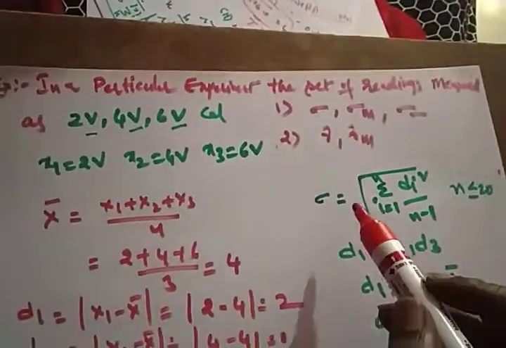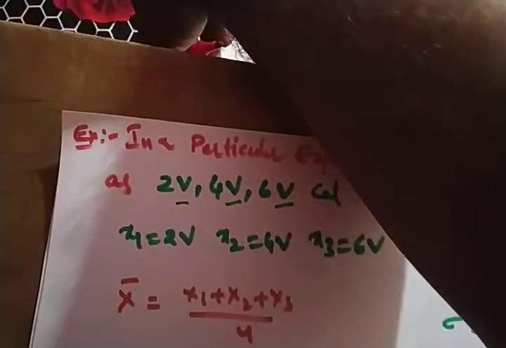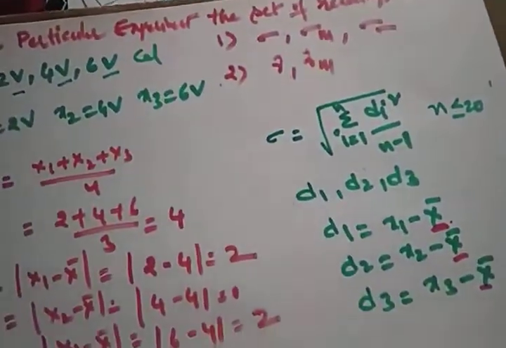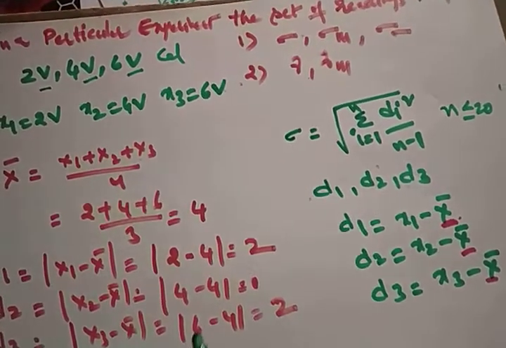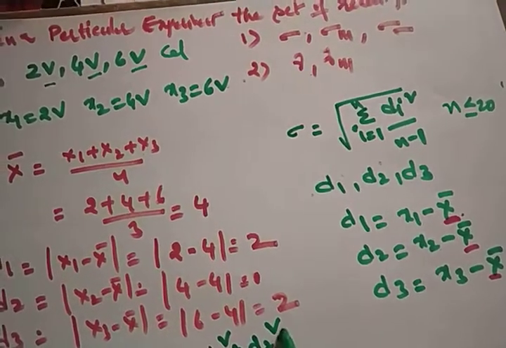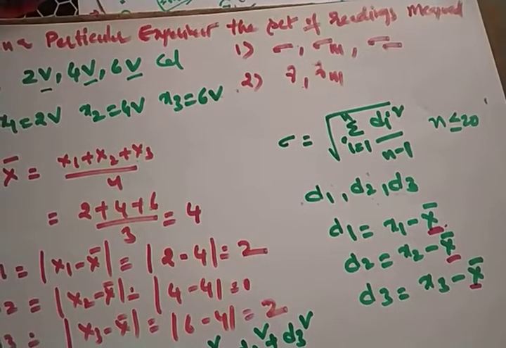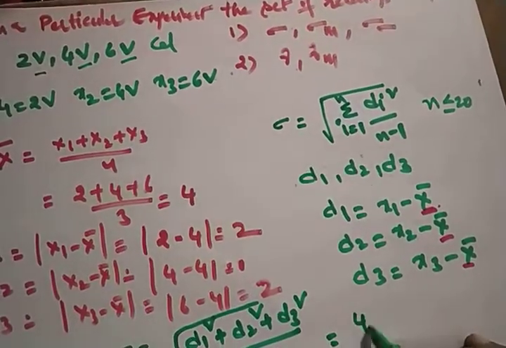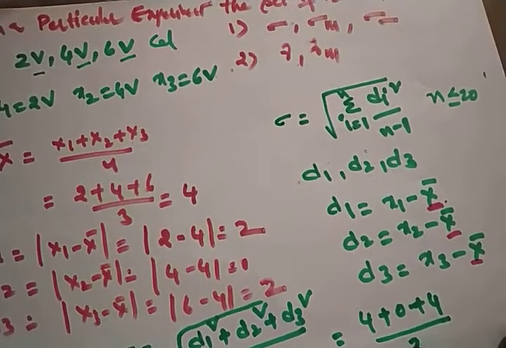Then what is the formula? Sigma is equal to the square root of sum of di square by n minus 1. Now substitute the formula. Sigma is equal to d1 square plus d2 square plus d3 square by n minus 1, that is 3 minus 1, square root. d1 square is 4, plus d2 square 0, plus d3 square 4, by 2, square root.